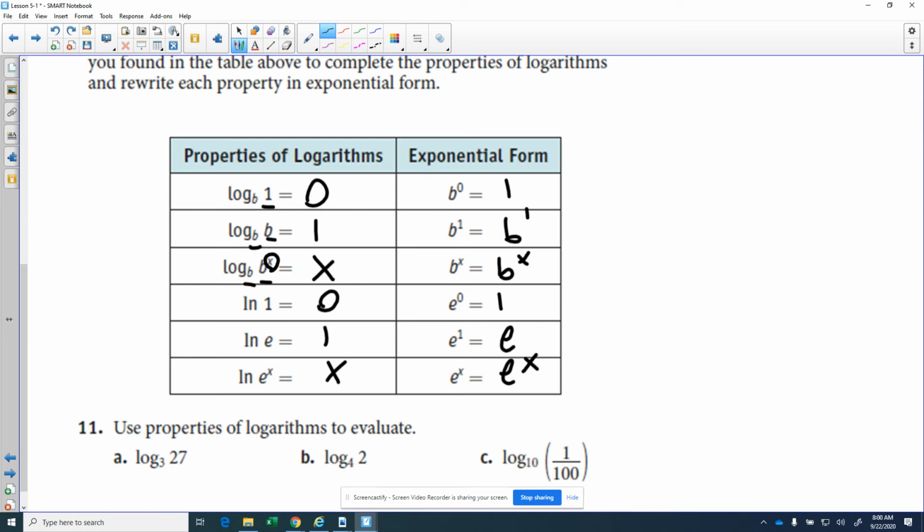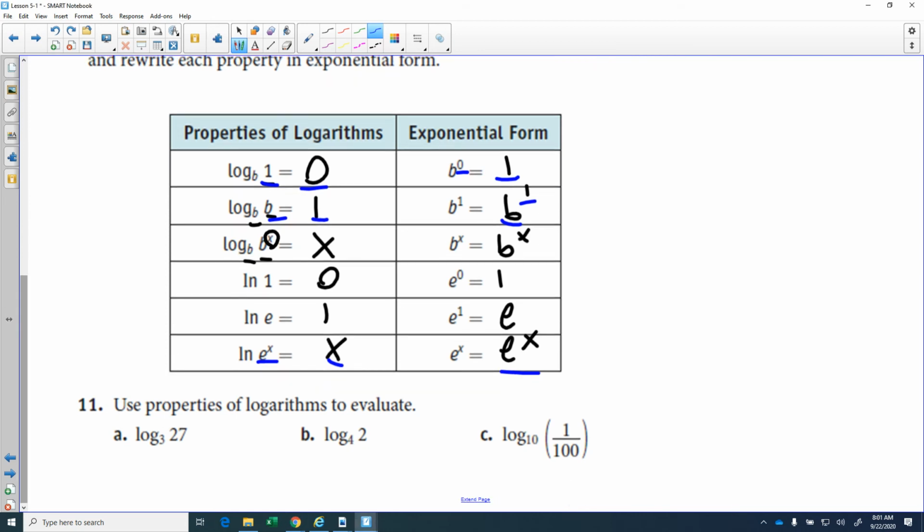Okay? Notice how it matches up from what we are inputting to our answer. We input a 1 into the log, we get an answer of 0. We input a b into the log, and we get an answer of 1.